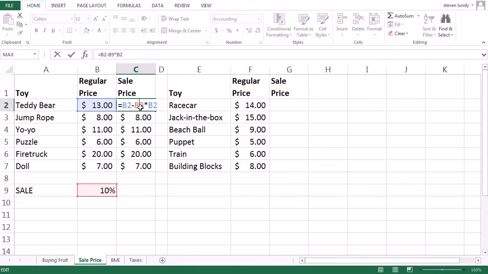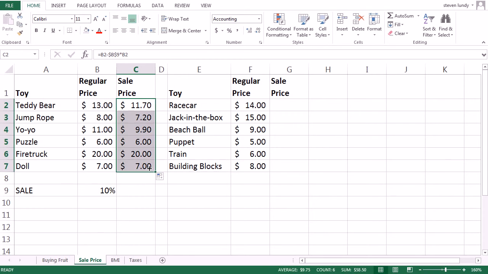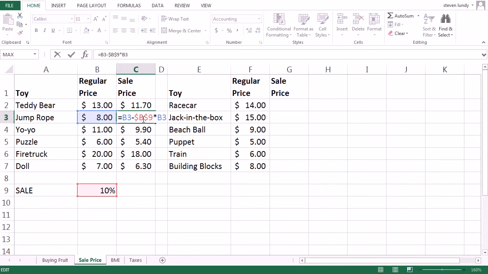To do this, we put $ signs in front of the column letter and the row number in the cell reference. This way, when we copy the formula down, it always refers to the value in column B and row 9.